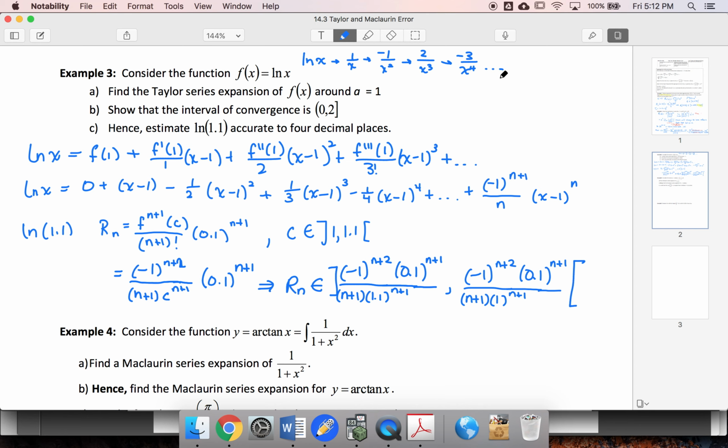I can also note that my nth derivative is going to be, so here's my first derivative, second derivative. So my nth derivative is going to be negative n minus 1 over x to the n.